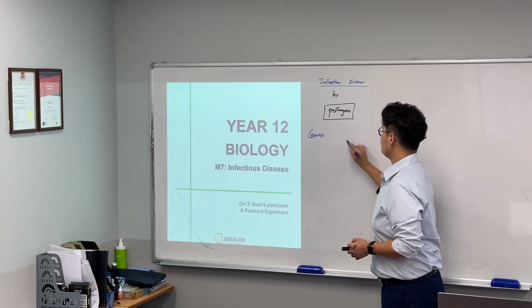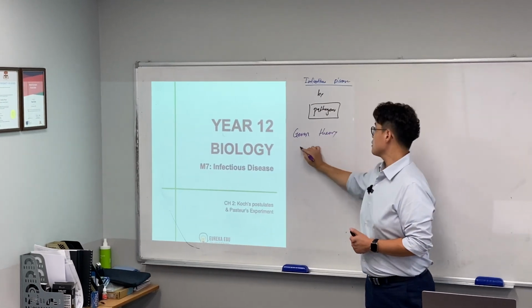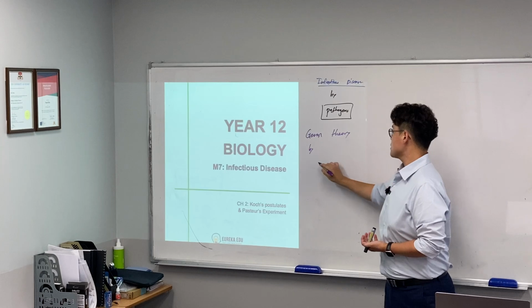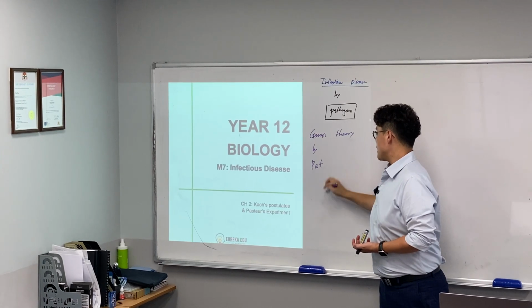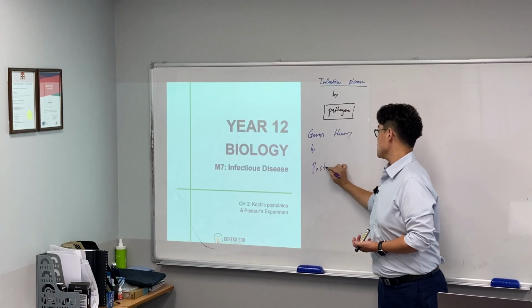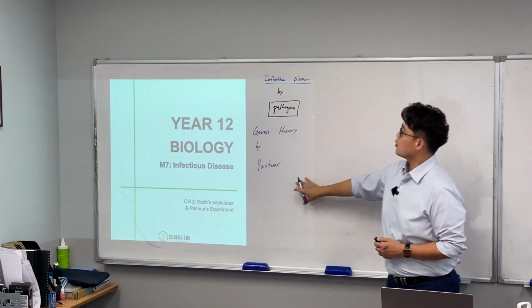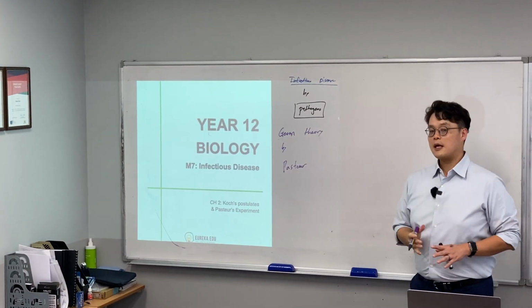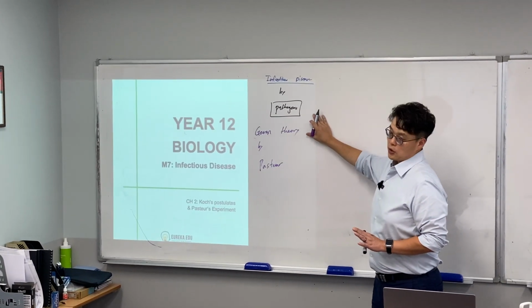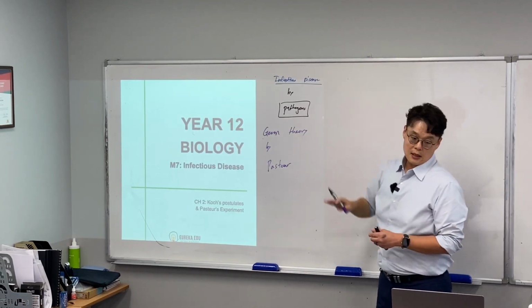This is by one of the famous scientists, Pasteur. He's French. Pasteur is the one proposing the germ theory, which is basically that most likely microorganisms are the pathogens causing infectious diseases.